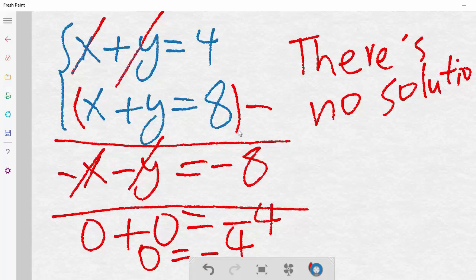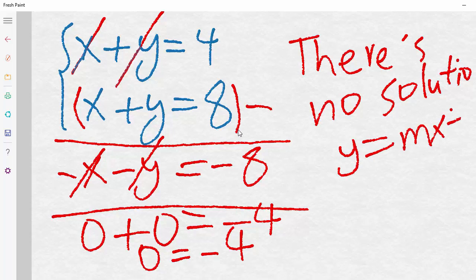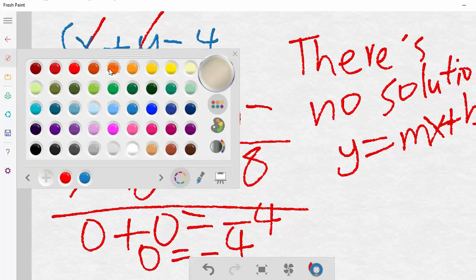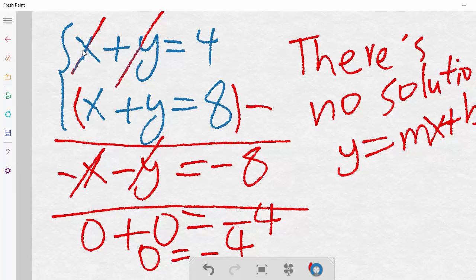There are parallel lines. Let's change the equations to the standard form. You know that a linear function can be written as y equals mx plus b. You remember this, the slope-intercept form. So if we change the equations to this form, I'm going to write it in another color so you can see that. The first equation, x plus y equals 4.